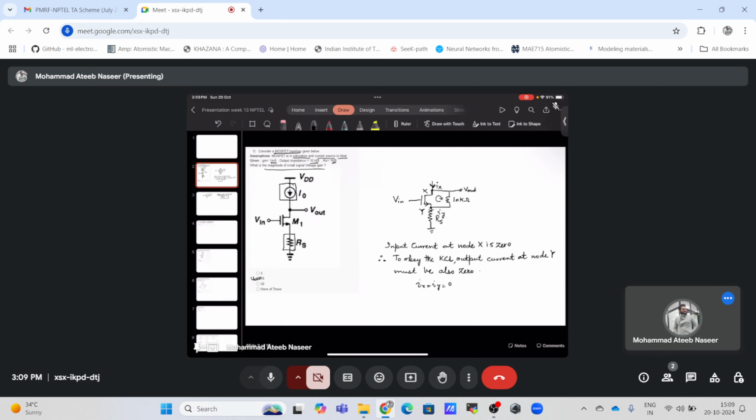So if we change RS, what is going to happen with the gain?